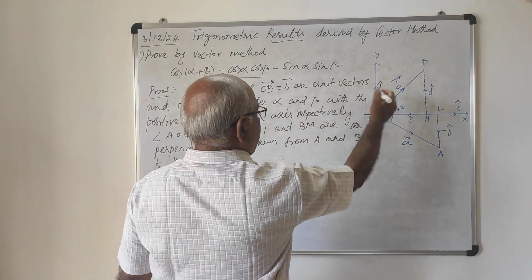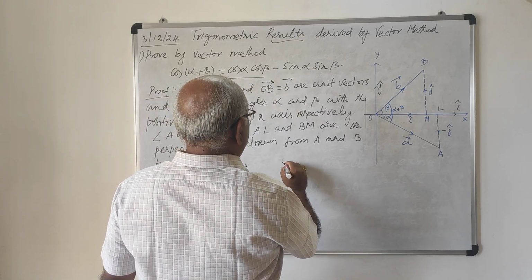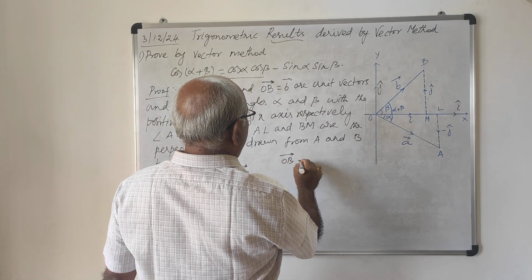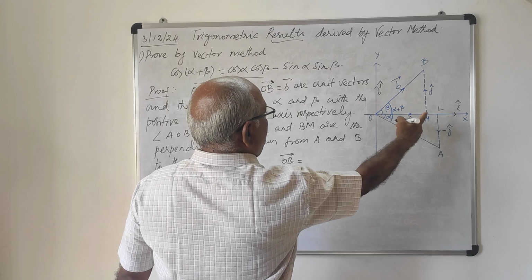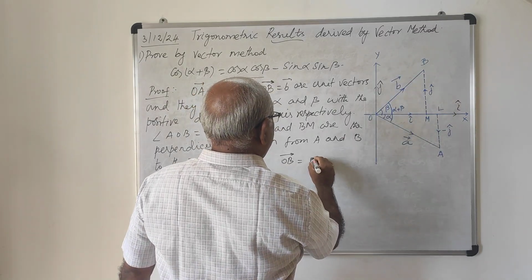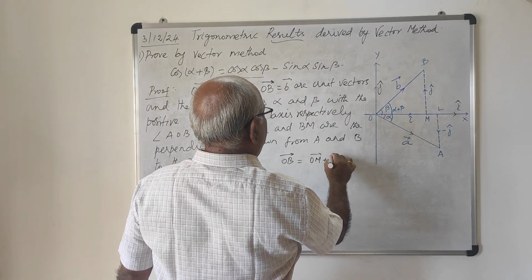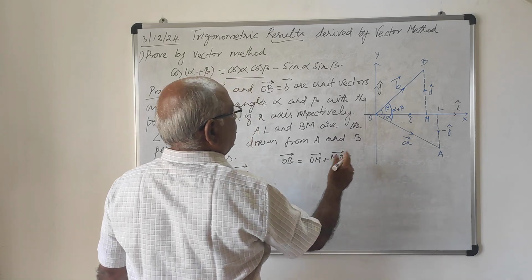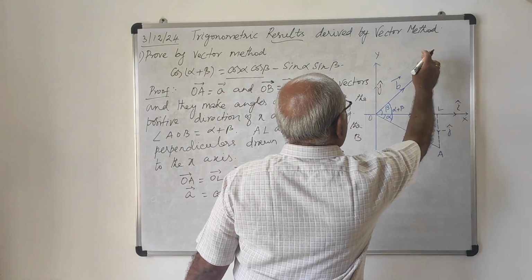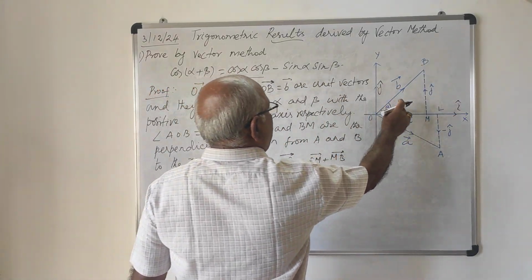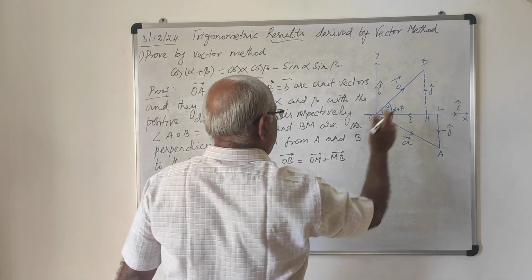Similarly, OB vector equals OM vector plus MB vector. OM is the adjacent side of angle beta in the direction of x.